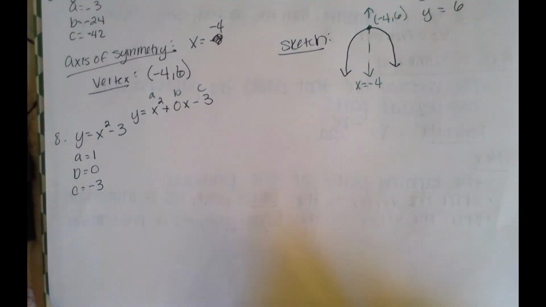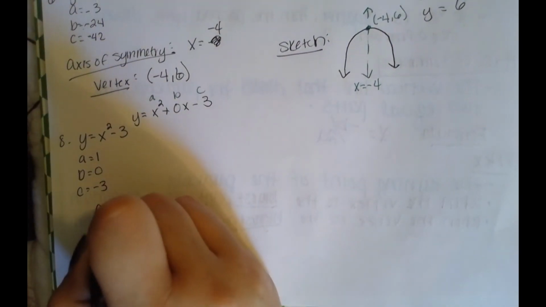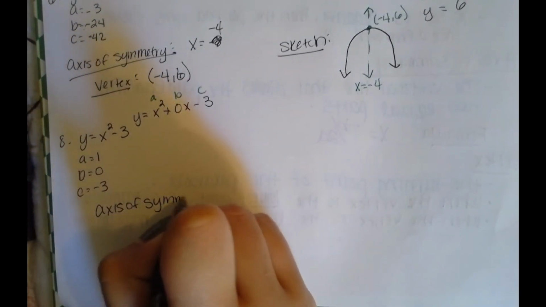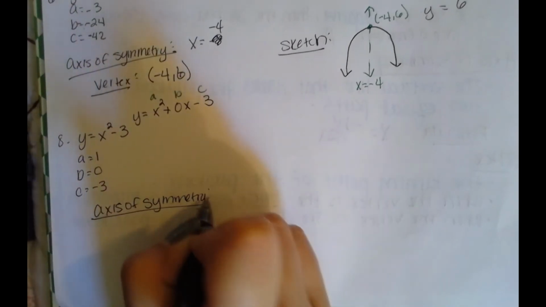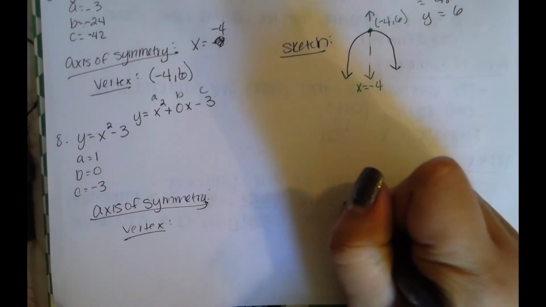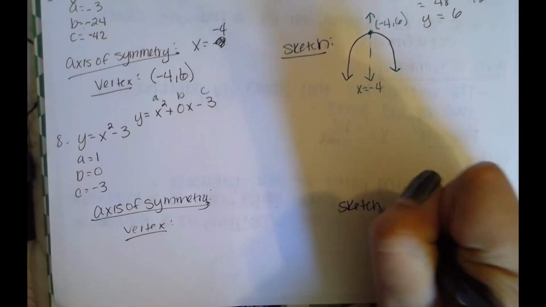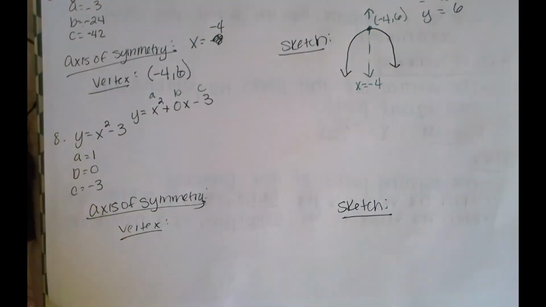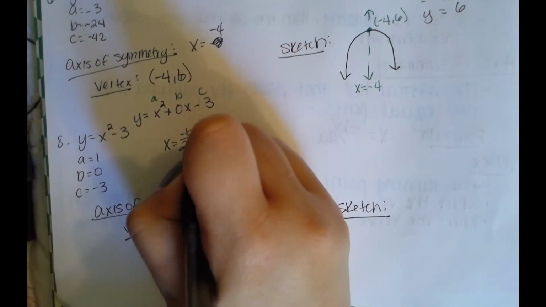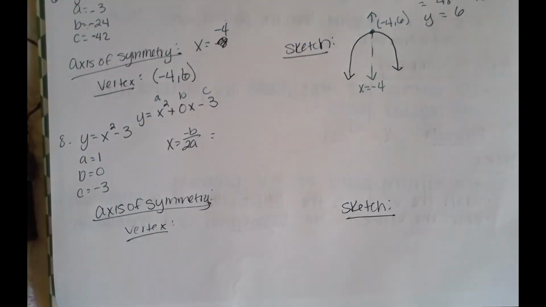So then finding your axis of symmetry, and your vertex, and your sketch. Axis of symmetry is still x equals negative b divided by 2a. I do like to sometimes rewrite that equation every single time I do a problem, because you see it there and you can't mess up.